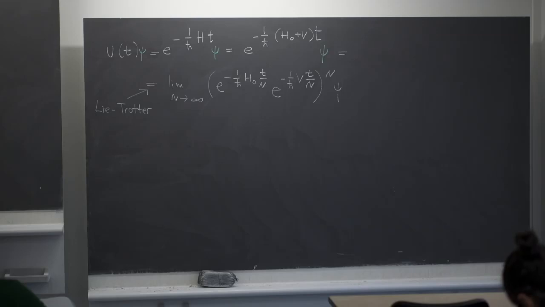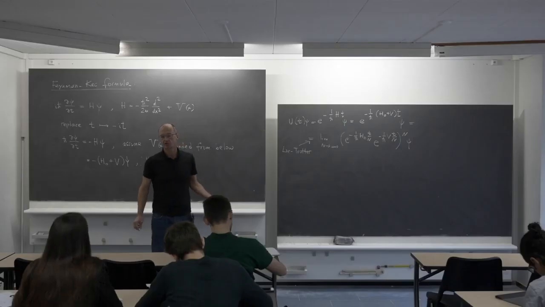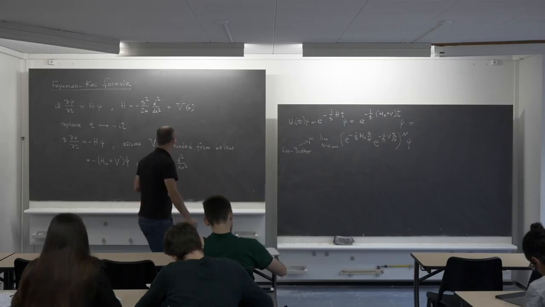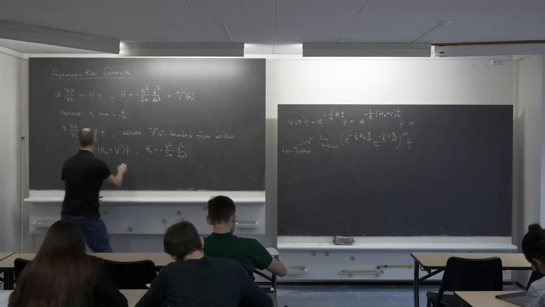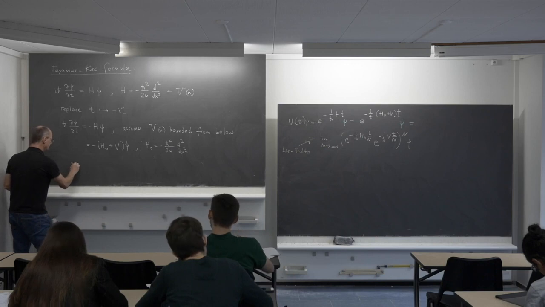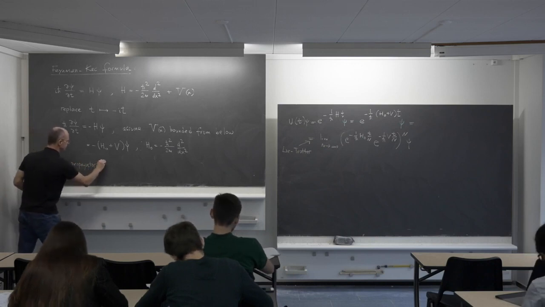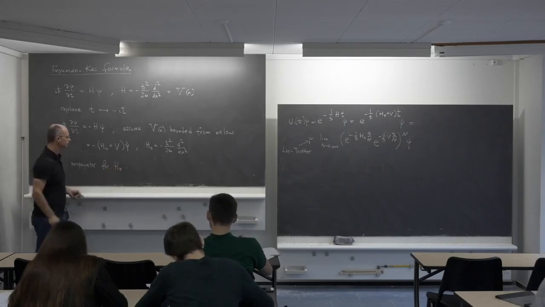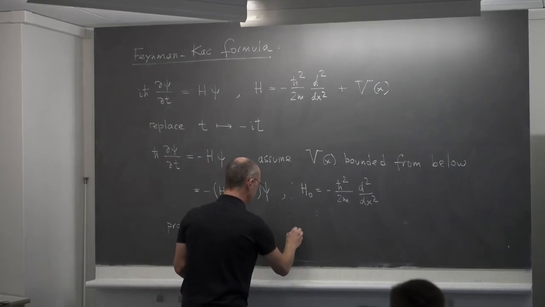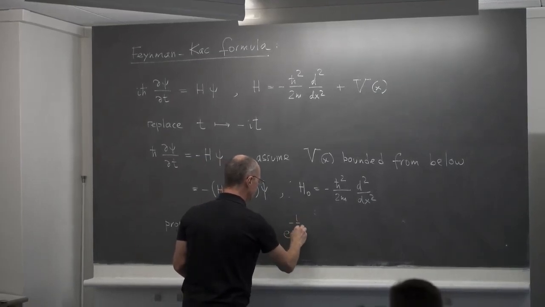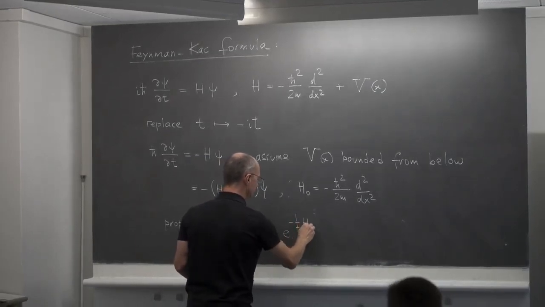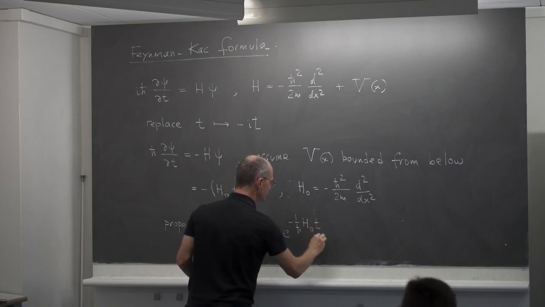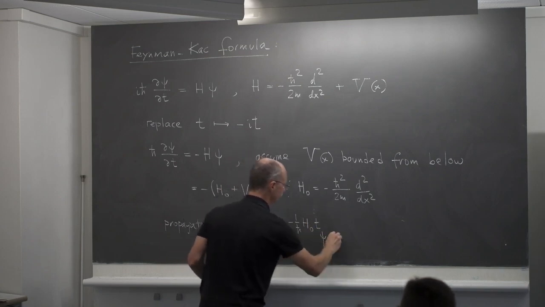Well, now that's basically the calculation that we were doing when constructing Feynman path integrals. Now we'll need the propagator for the free particle. So exponential minus 1 over h bar H naught t psi naught.